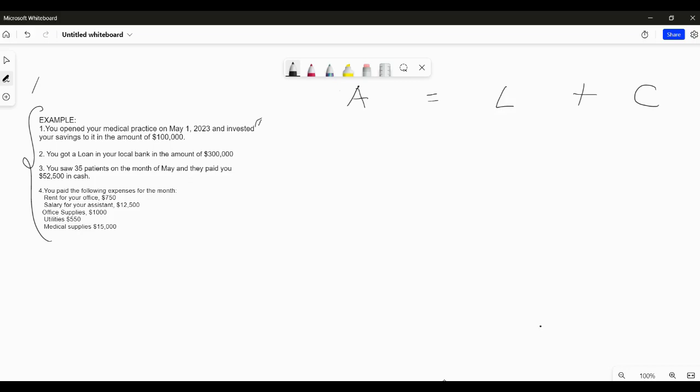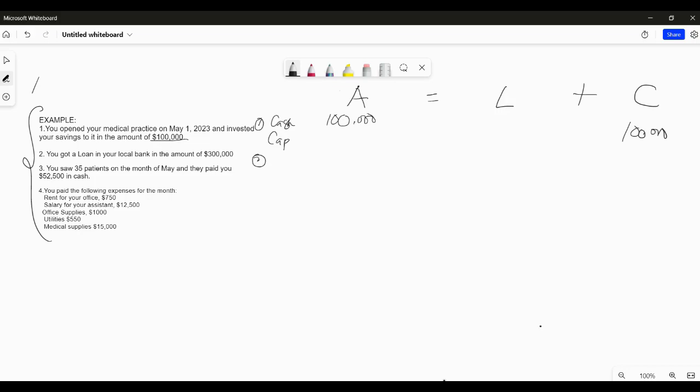So our first transaction is you open your medical practice on May 1, 2023 and invested your savings in the amount of 100,000. So we will debit cash in the amount of 100,000. Cash is an asset. And we will credit capital in the amount of 100,000 also.